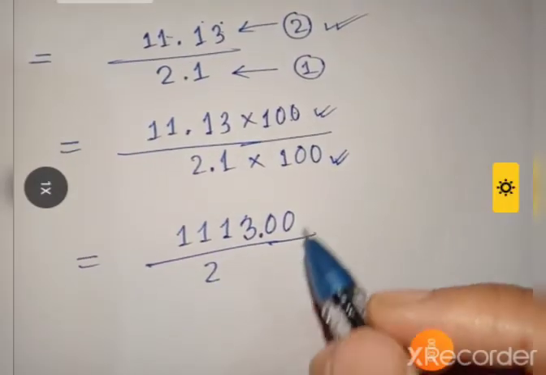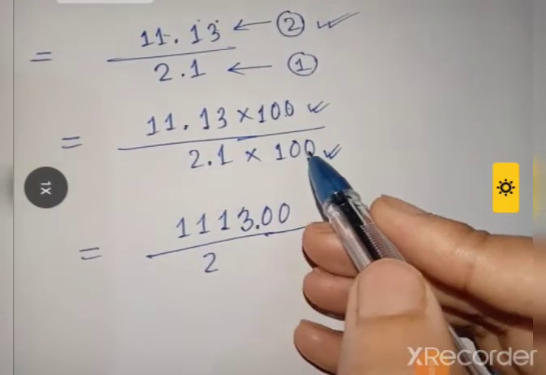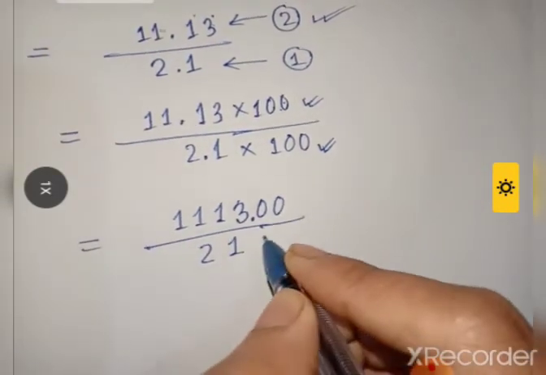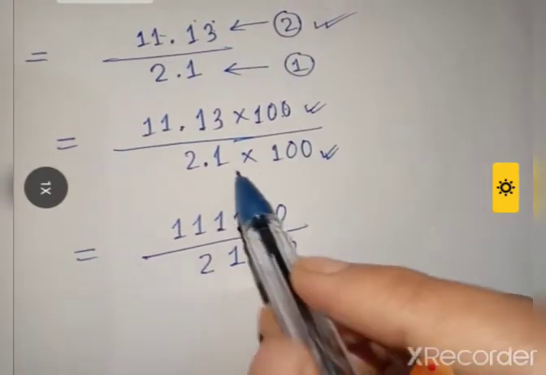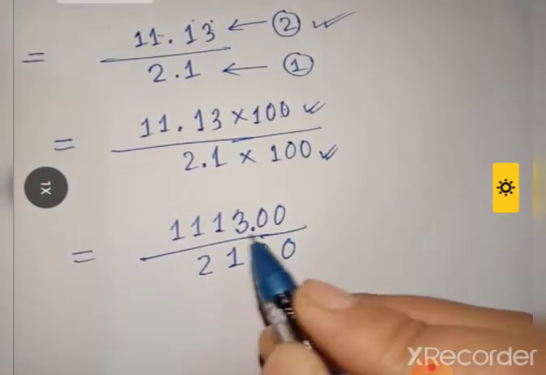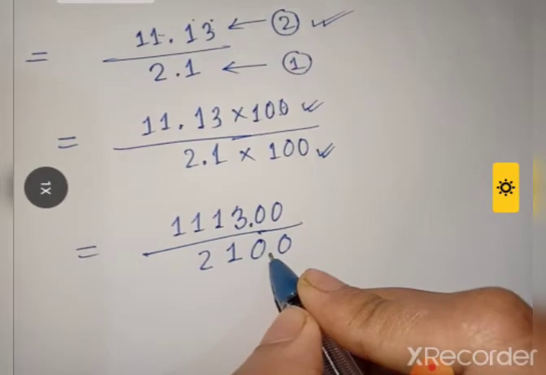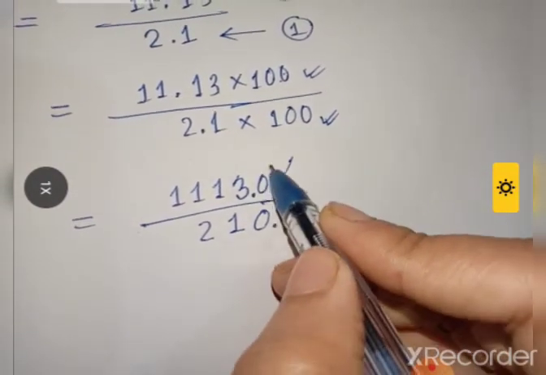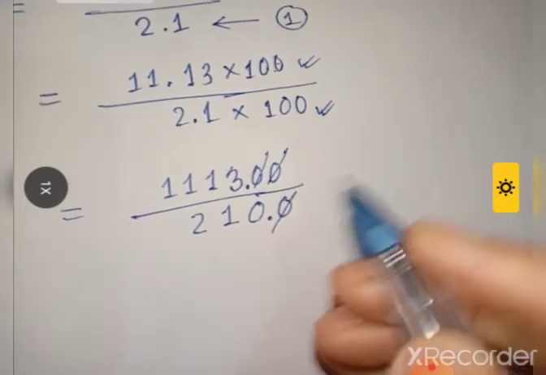Okay, so here also 2.1 into 100. If you multiply 2.1 by 100, you will get the answer 210.0. And after how many places is the decimal? After 1 place. So we put the decimal here. Okay, and we know that after the decimal, zeros have no value.